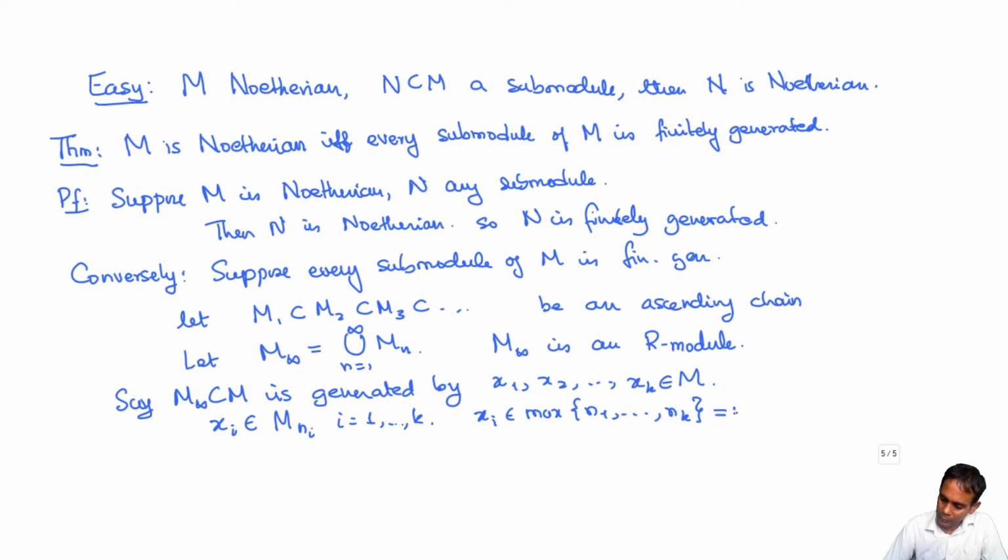Let's call this number N. So all the xi's belong to capital MN, but these xi's generate M infinity, so that means that MN is equal to M infinity.